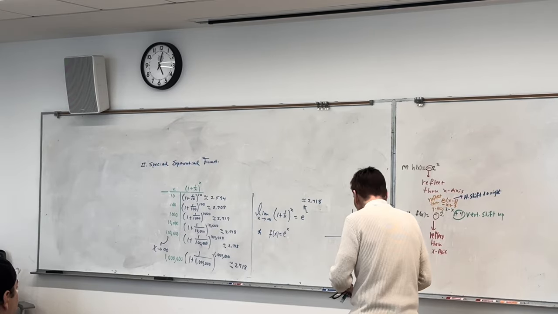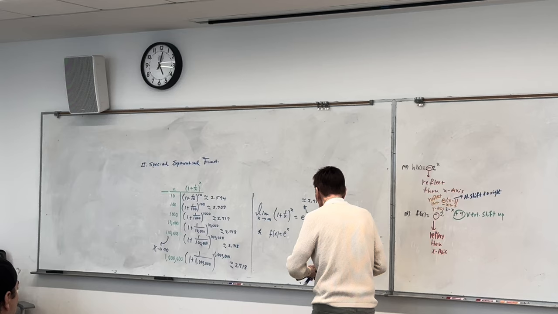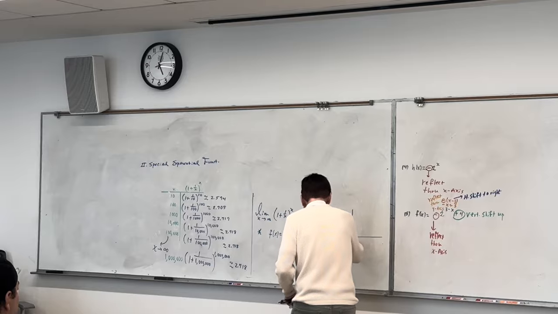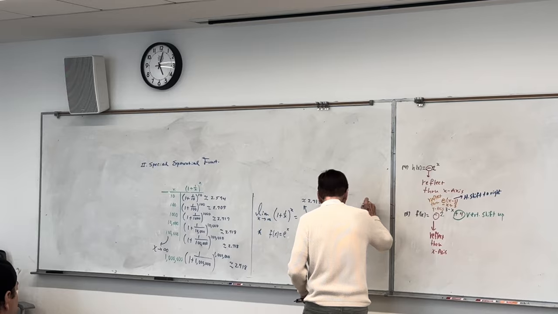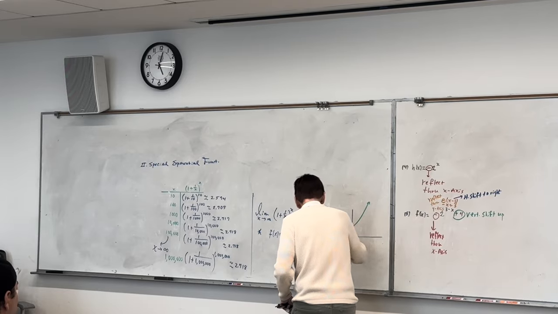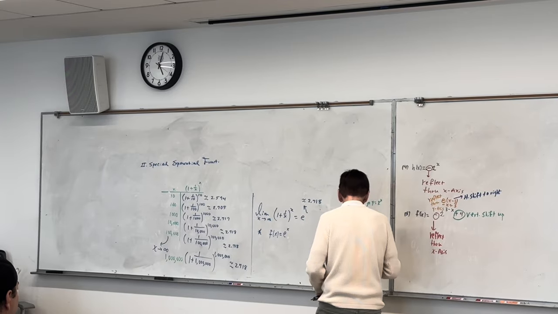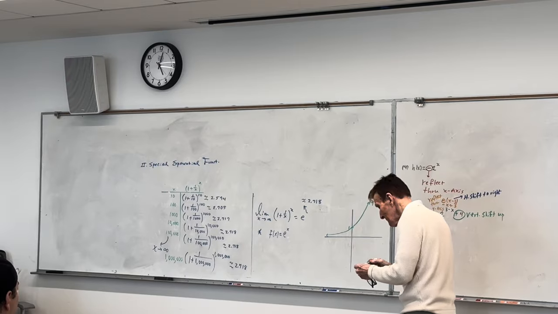I'm going to graph real quickly. For the first graph, again, place 1 here. I'm going to have this represent 2 raised to the x. I graphed that earlier. We saw what it looks like. That's 2 raised to the x.